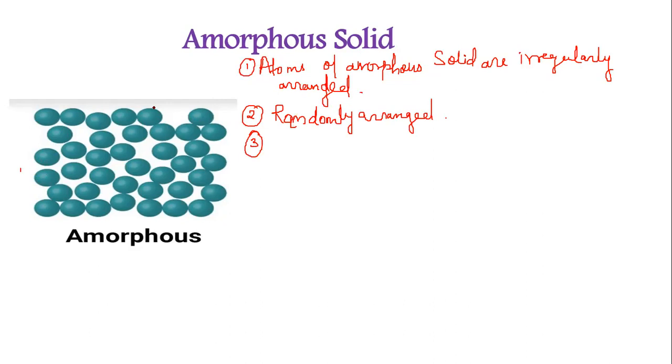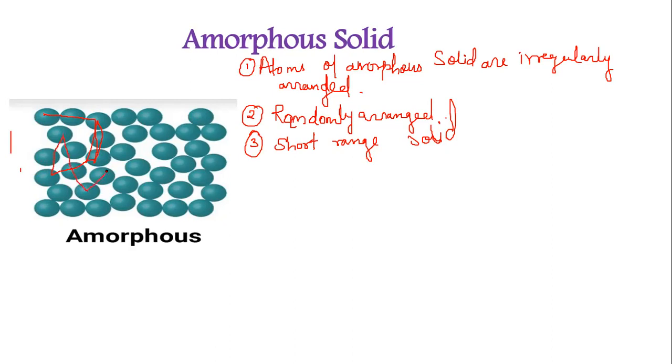They are known as short range order solids. Now why are they short range? Now you can see the arrangement of this solid. If you see with a microscope from this side, this atom is going in this direction, then it changed direction, then again changed its direction, and again it is changing.